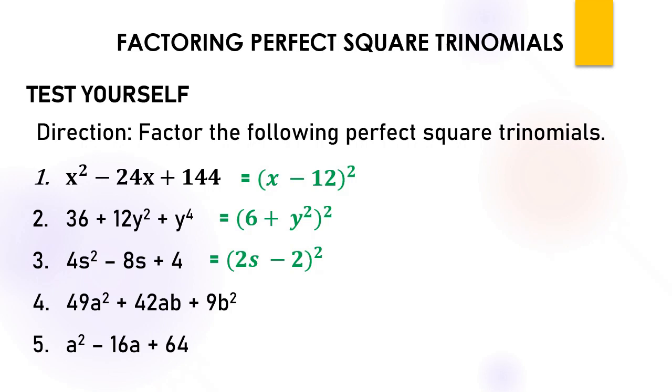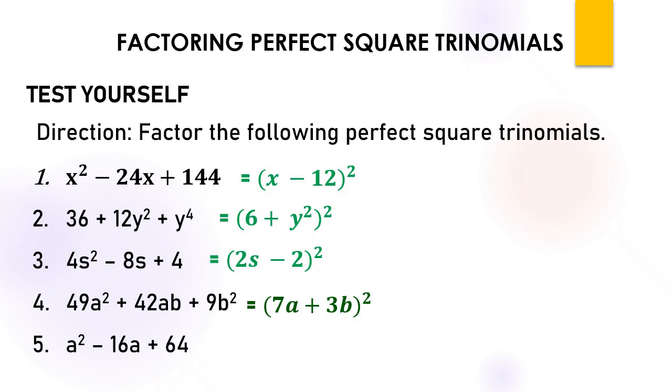Now, to factor this one, the factor of a perfect square trinomial whose middle term is positive would be the square of the sum of a and b. Our a here is 7a and our b is 3b. So therefore, the factor is the square of 7a plus 3b.